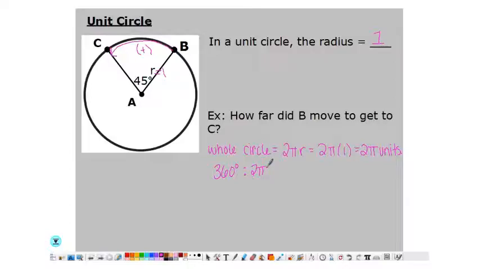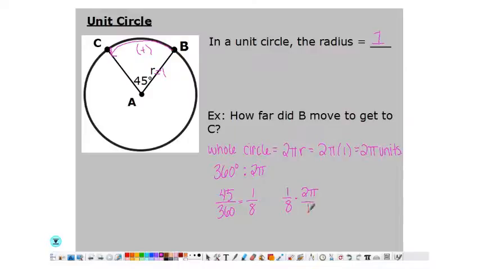But now we only moved 45 degrees of the circle, so we need to figure out what fraction of the circumference that is. So we would do 45 over 360, which would give us a fraction, if we reduce, of 1 over 8. So we're moving 1/8 of that 360, so we need to know what 1/8 of our 2 pi circumference is.